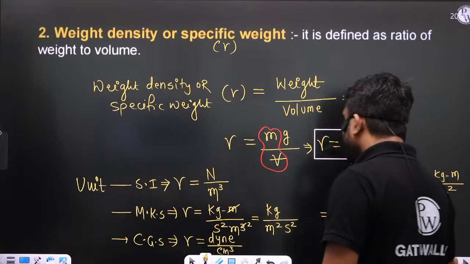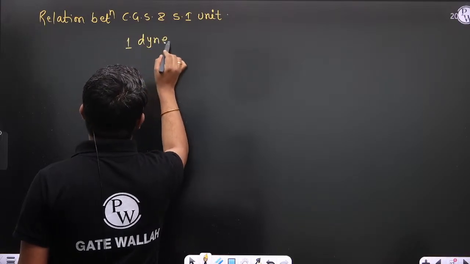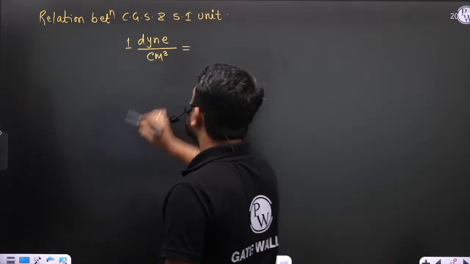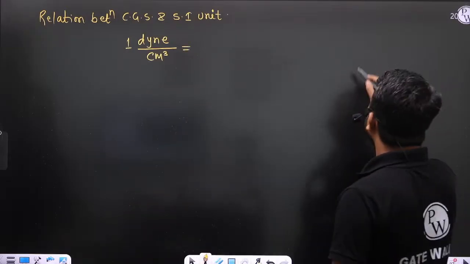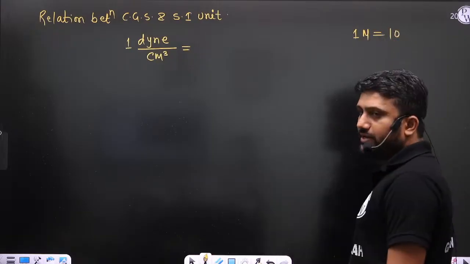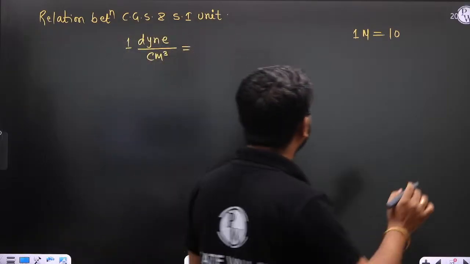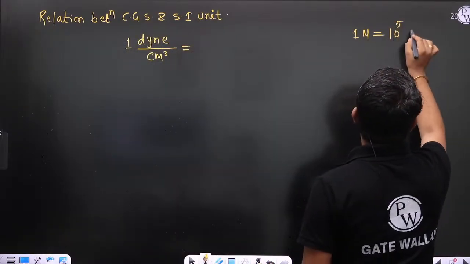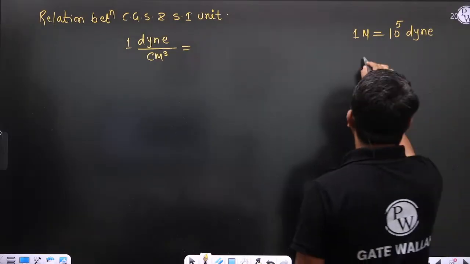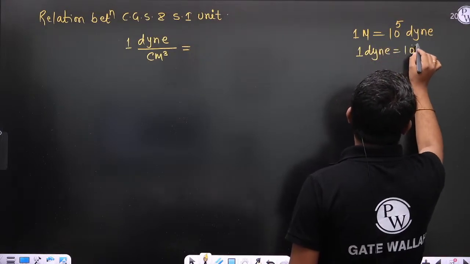Right? So 1 dyne per centimeter cube. See here, the CGS unit is 1 dyne per centimeter cube. This is equal to, and we know that 1 Newton is equal to how much dyne? 1 Newton is equal to 10 to the power 5 dyne. So 1 dyne is equal to 10 to the power minus 5 Newton.